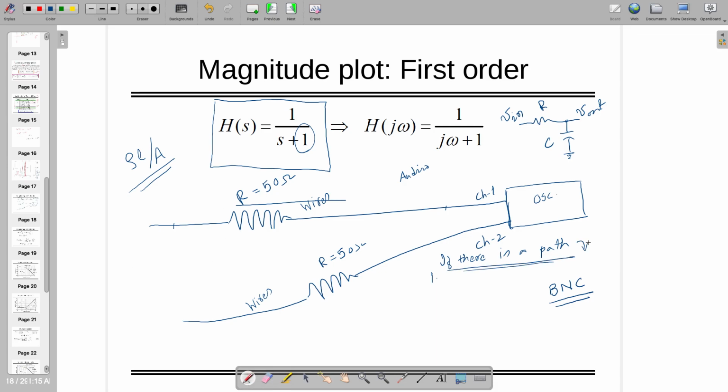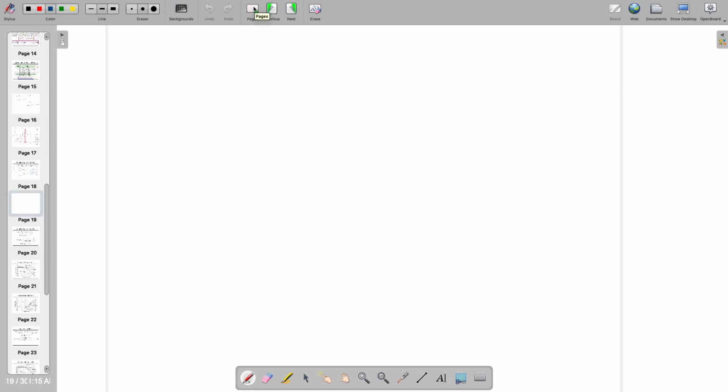So if there is a path, there is a resistance. This was one thing. There is one more theory I am telling you. If these signals are frequency signals, they are not DC, right?